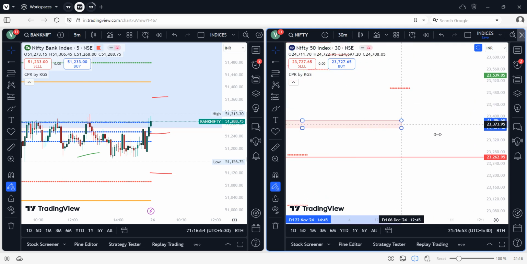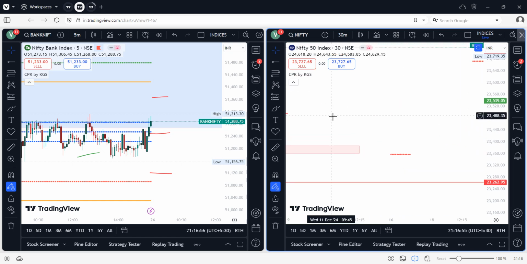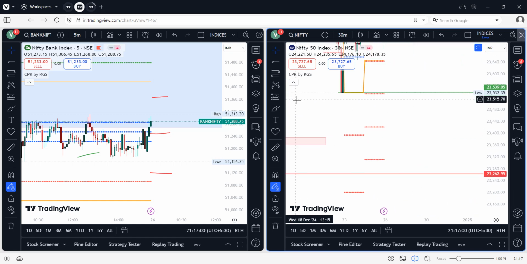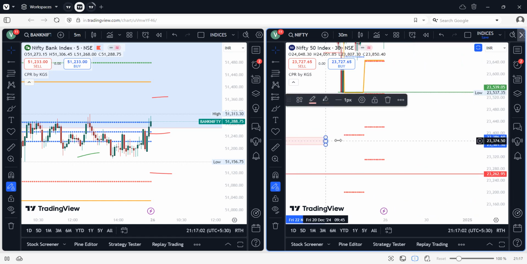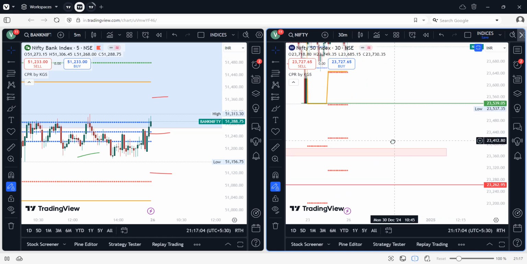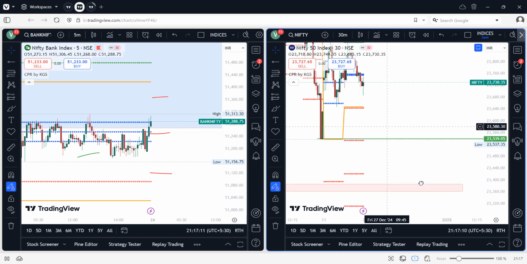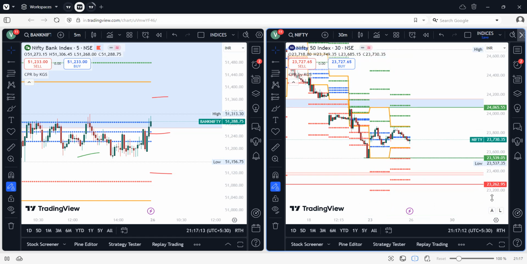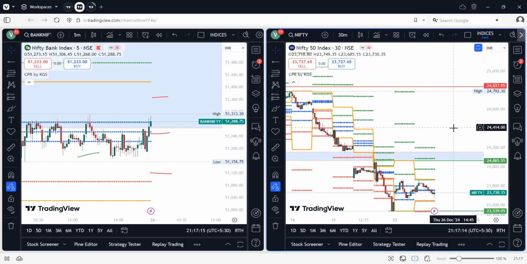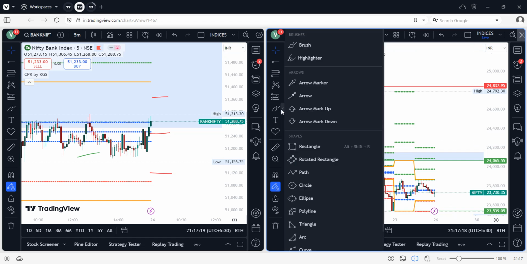The meaning of this is, even if this is a 6 months old virgin CPR, I give importance to it. So I'm marking this virgin CPR here. If the price is coming here, there are chances of a bounce back. Now here there is a virgin CPR. Okay, this is the virgin CPR. We can mark this.